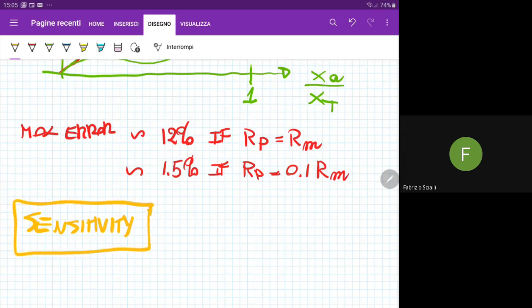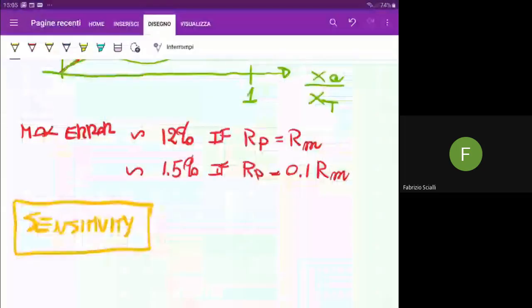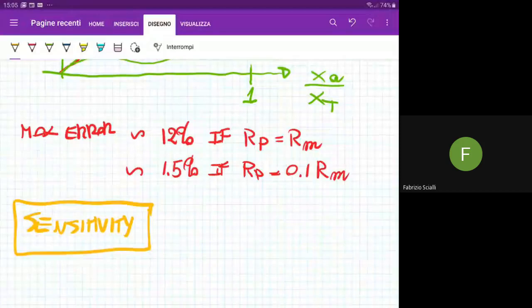How could the sensitivity of a transducer, for example, be defined, according to your experience?